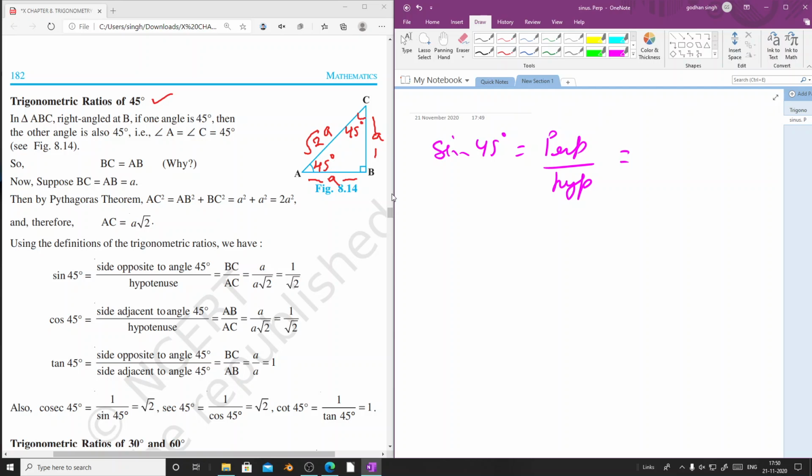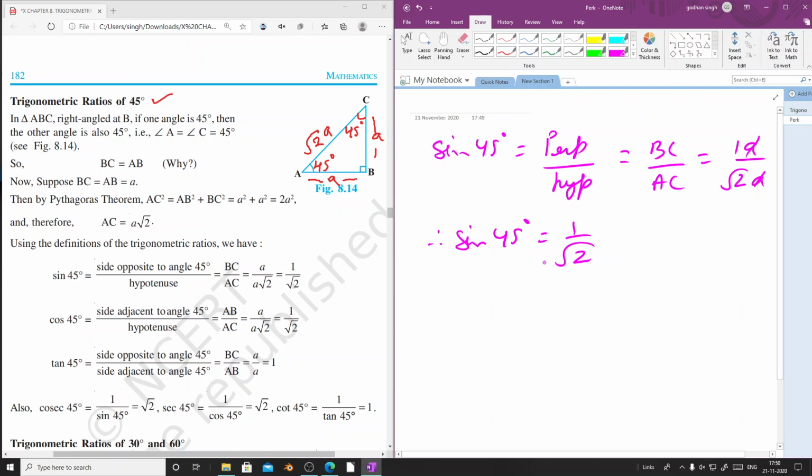The perpendicular is the side opposite to angle A, and that is BC. So we write BC over the hypotenuse AC, equal to A over root 2A. Since A is common in numerator and denominator, sine 45 degree equals 1 by root 2. So we have derived the value of sine 45 degree.